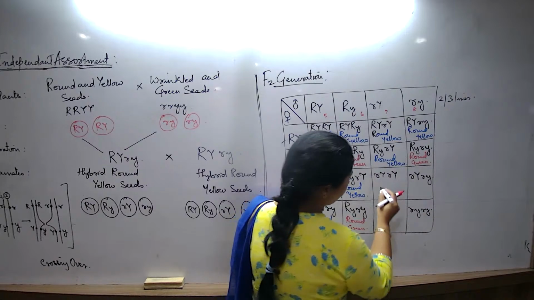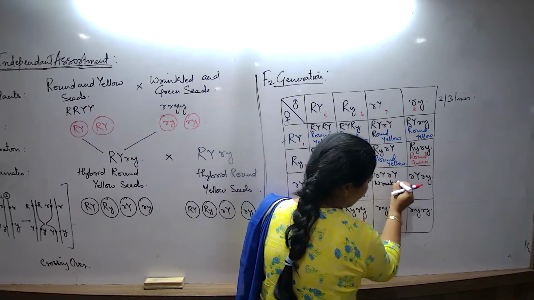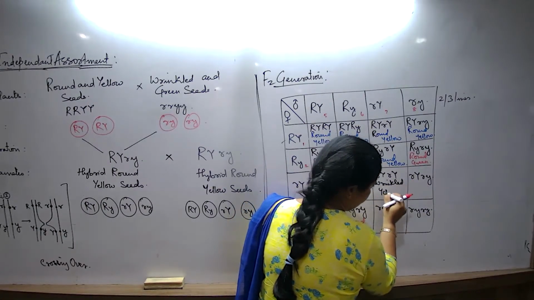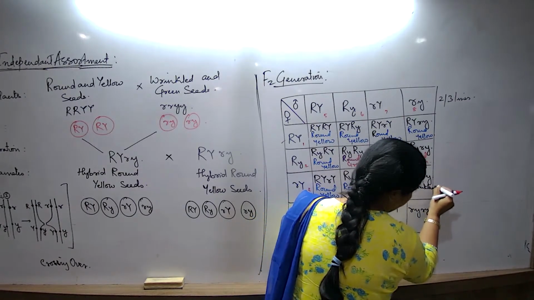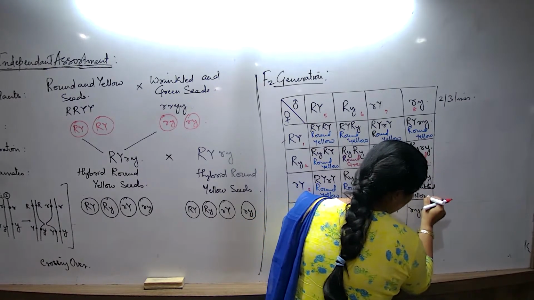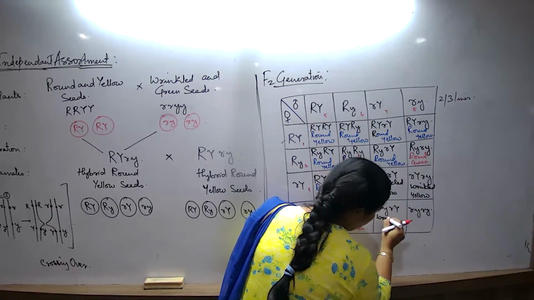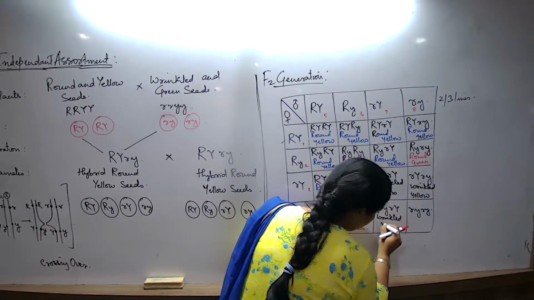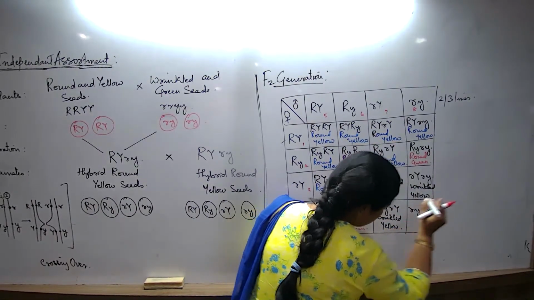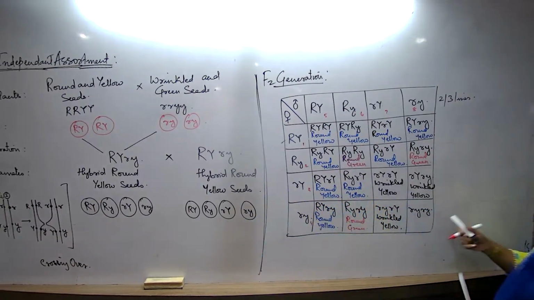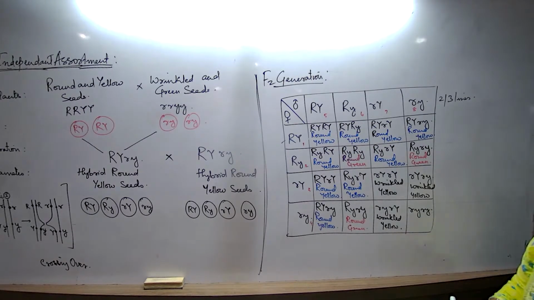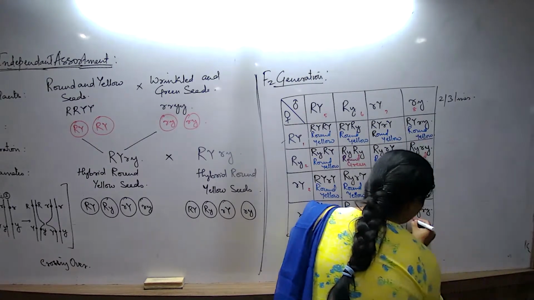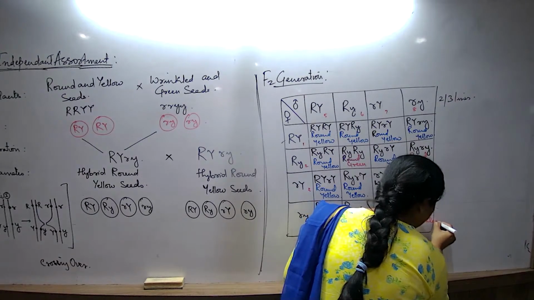Wrinkled and yellow. What about this one? Wrinkled and yellow. Here again we have got wrinkled and yellow. What will be the phenotype of this one? Wrinkled and green. This is wrinkled and green.